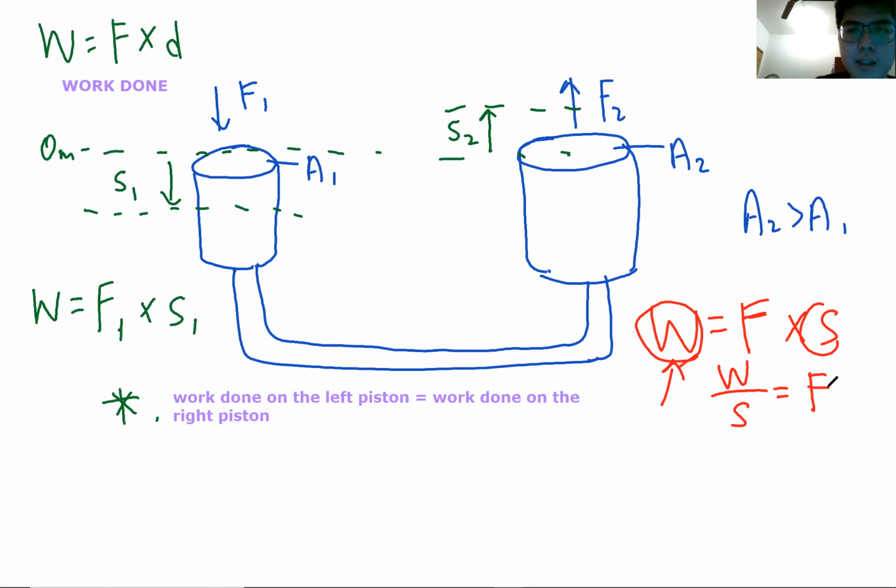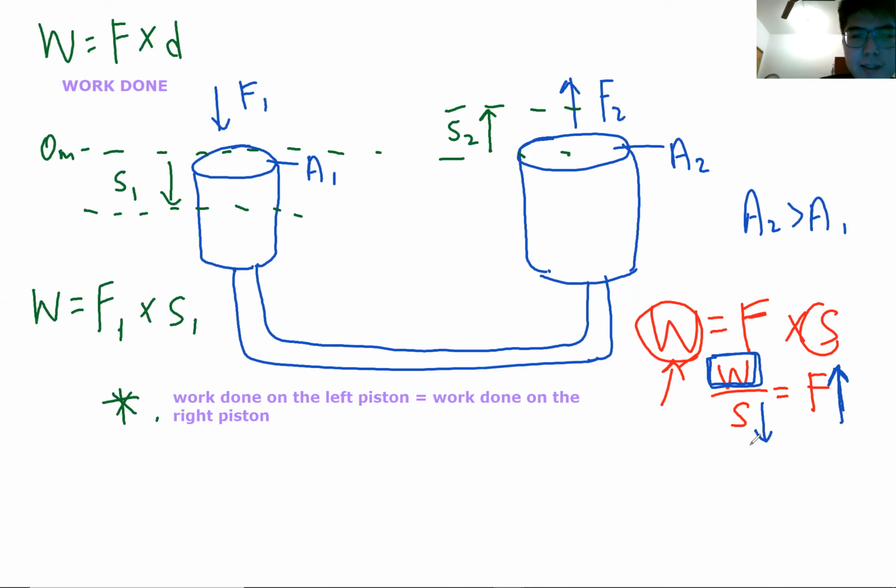If work is kept constant, what happens to my distance? If my force is big, then my distance becomes smaller, right? You see the relationship here. In other words, we can say that the distance and the force are inversely proportional, right? So when the work done is kept constant, as the force increases, we get a smaller distance.